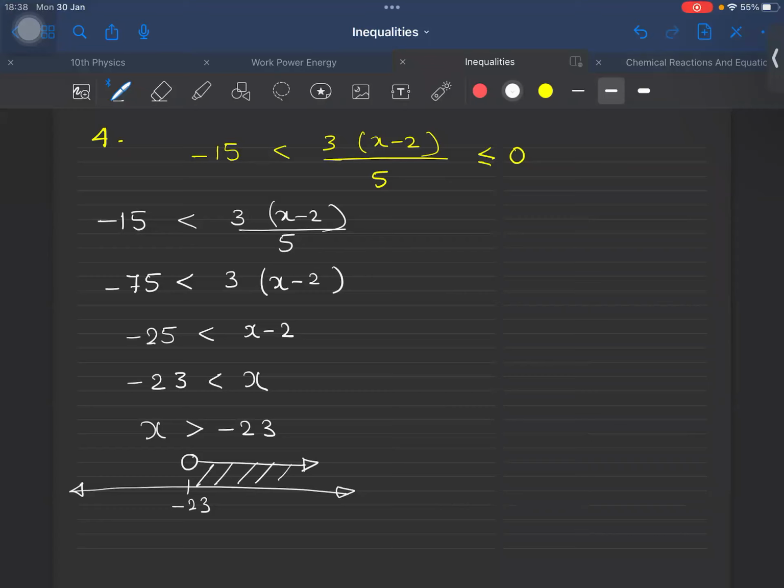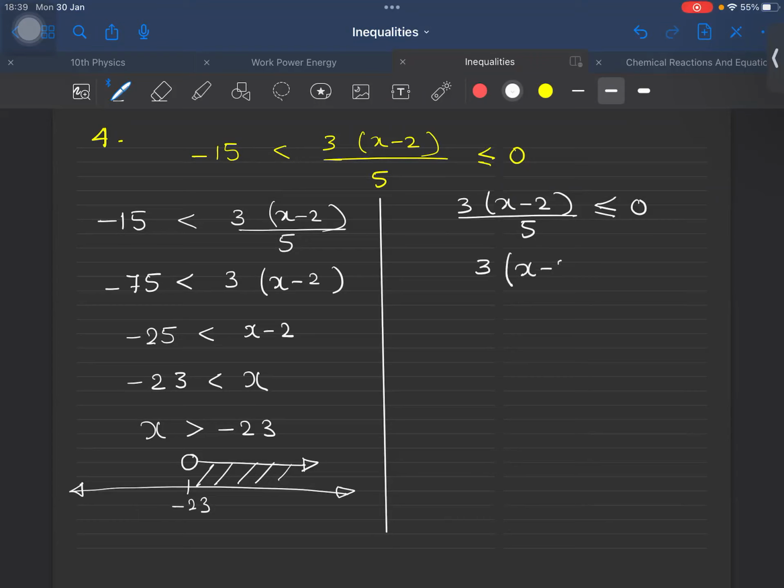Now, there is one more condition given. The next condition is 3 times (x minus 2) upon 5 must be lesser than or equal to 0. Let's first multiply both sides by 5. We get 3 times (x minus 2) should be lesser than or equal to 0, isn't it?